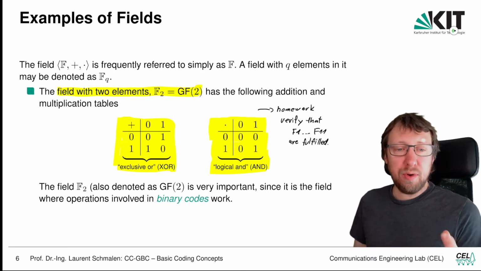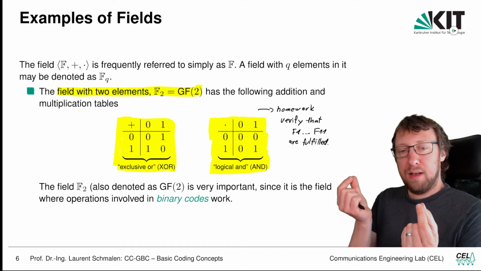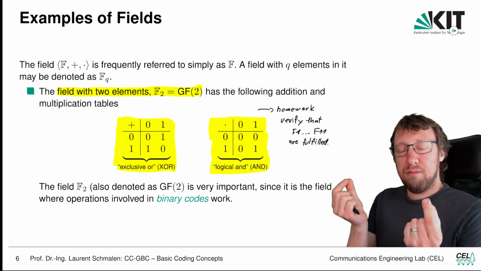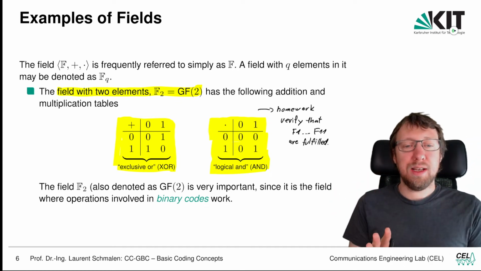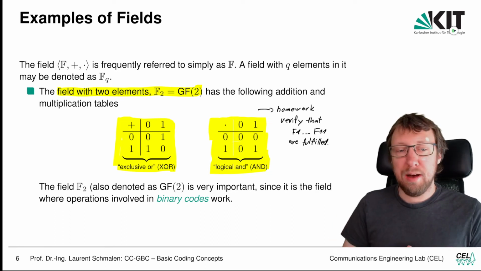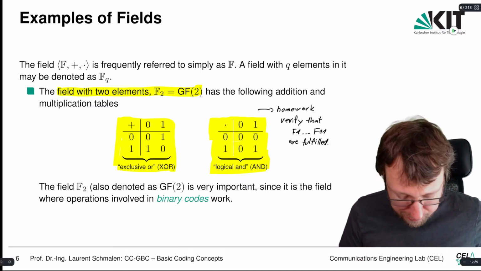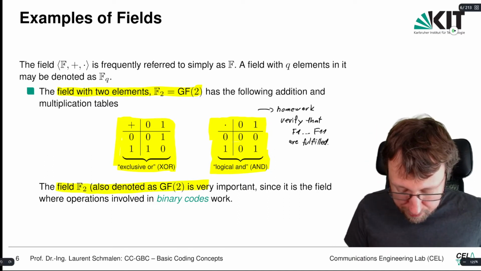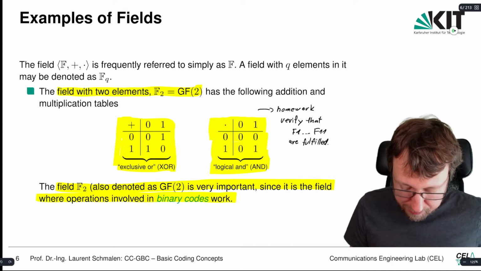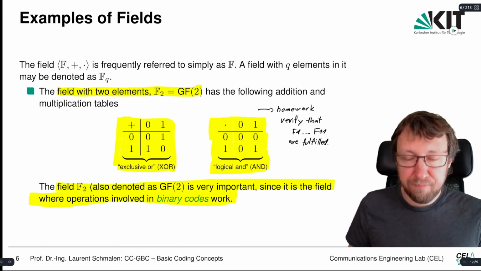And if we interpret exclusive OR and AND as addition and multiplication, we can work just as we work with the real numbers. And that's why this is a very useful field for us, because that's where the binary codes work.